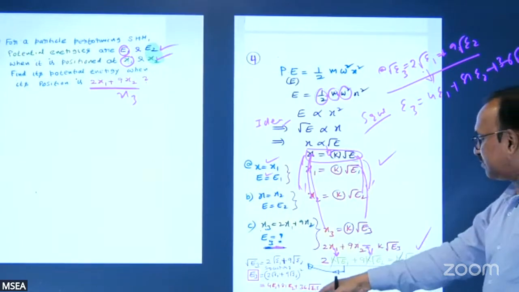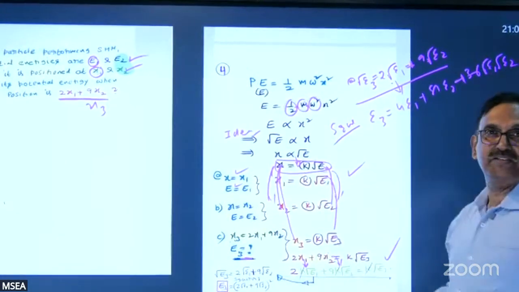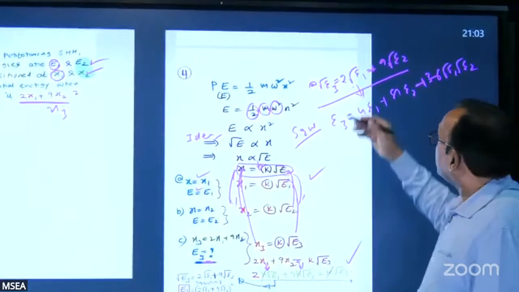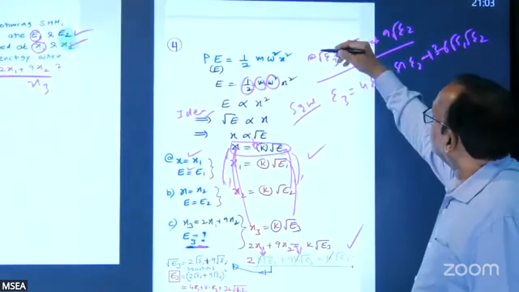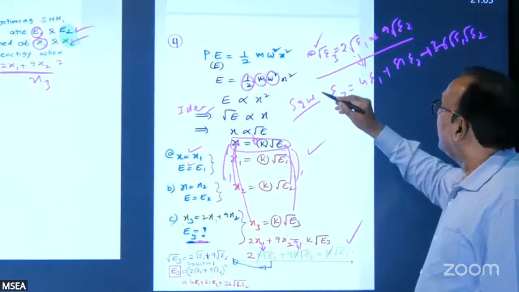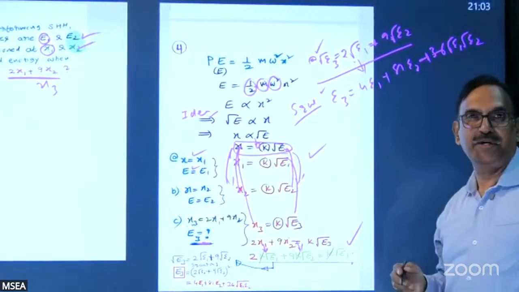So the answer you find here is 4E1 plus 81E2 plus 36 root E1 E2. Depending upon the way they give the options, the answer can be in terms of root E or just in terms of E. You have to be good at both.